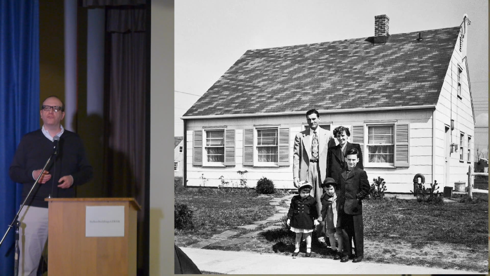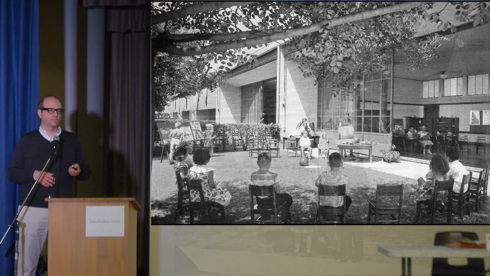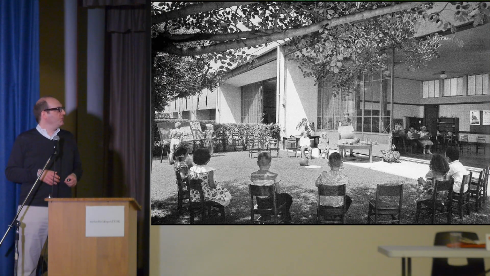And at the same time, you also had a rapidly changing architectural scene, where the ideas of what schools could be were changing. You might recognize this. This is a school by Richard Neutra, Los Angeles in the mid-30s.